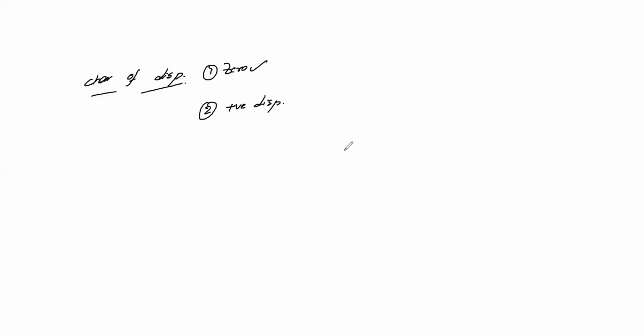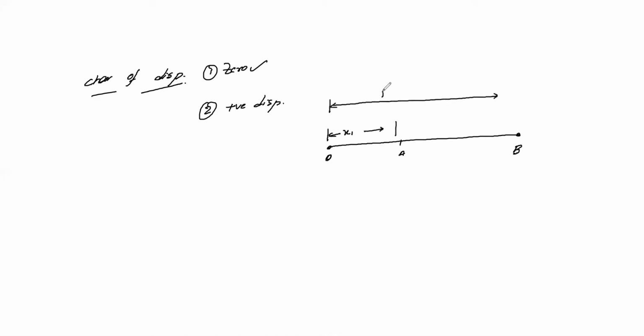When the object moves towards the right in time, for example, assume there is a path or route, a straight line like this. I'll take three different points: O, A and B. The positions I'll take as x1 and x2.